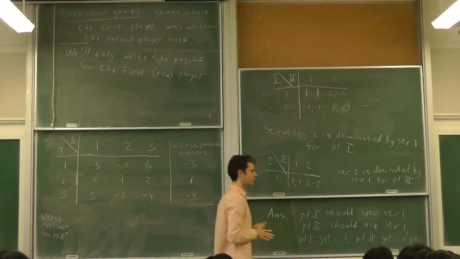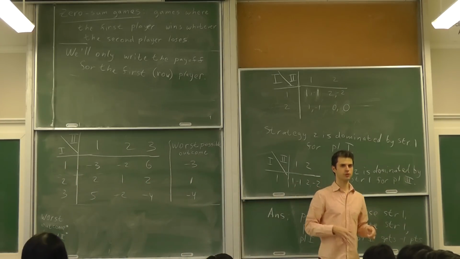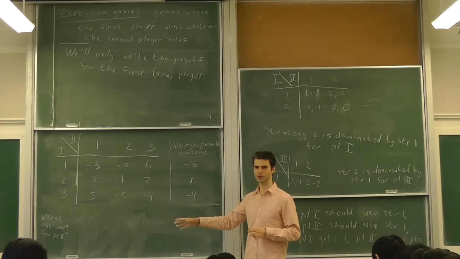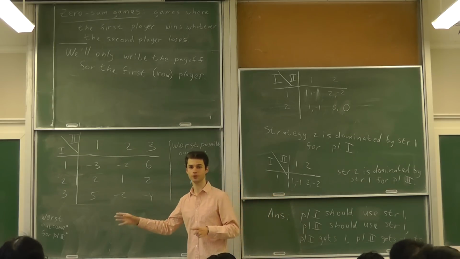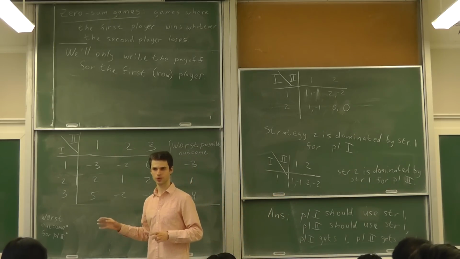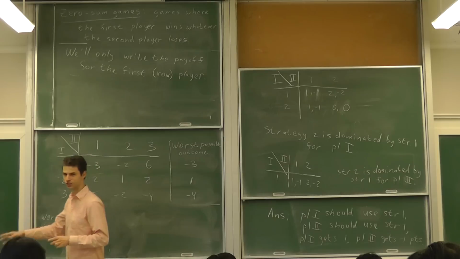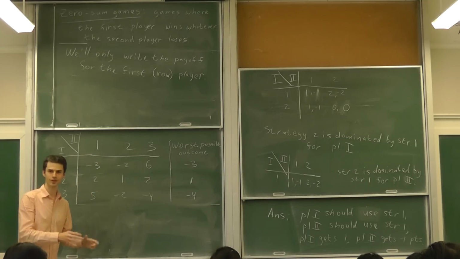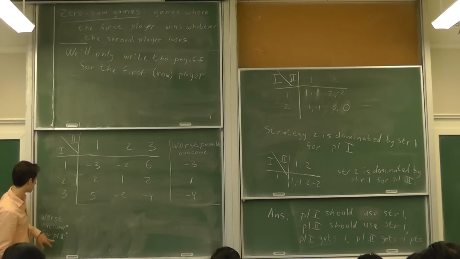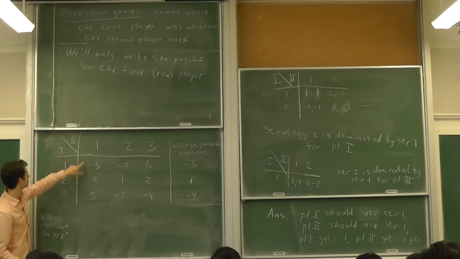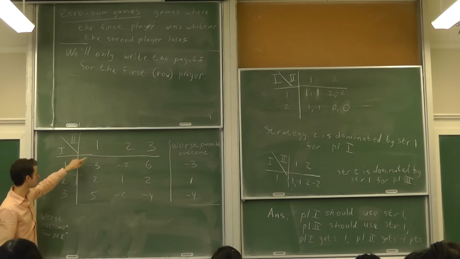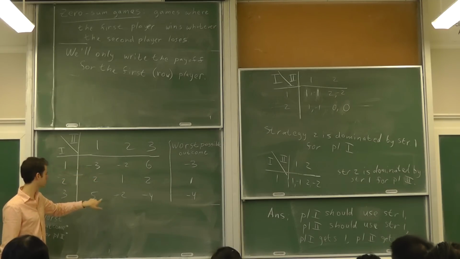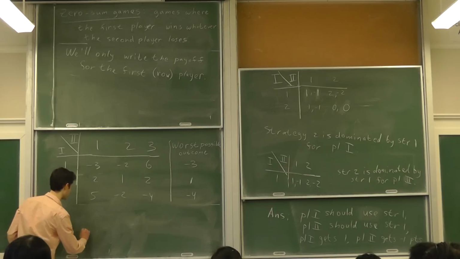So the worst outcome is, for each of our choices, we assume that the choice of the other player will be the worst possible for us. So we'll suppose that he actually knows what we are going to choose, and we'll choose the worst possible reply. So let's see what the worst outcome is. If we choose strategy number 1, here we'll get 3 points, here we'll lose 2 points, here we'll lose 5 points.